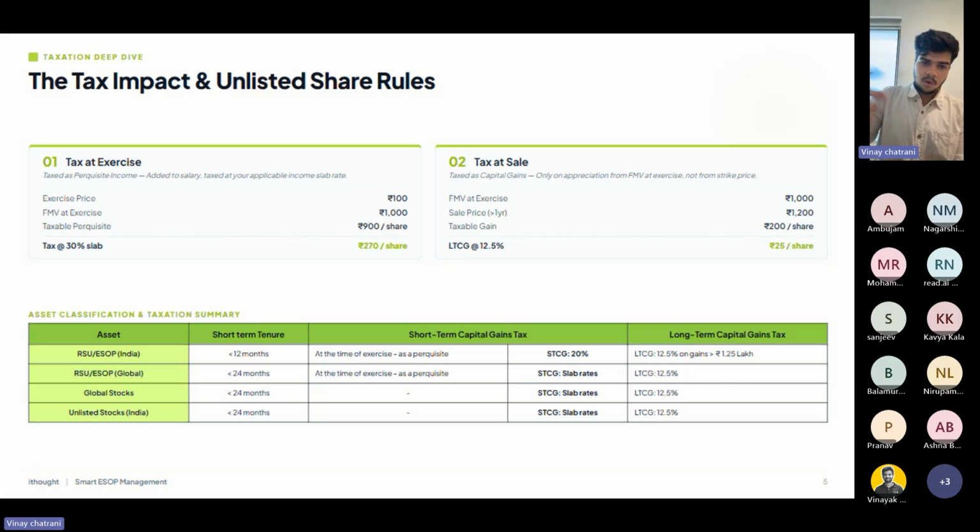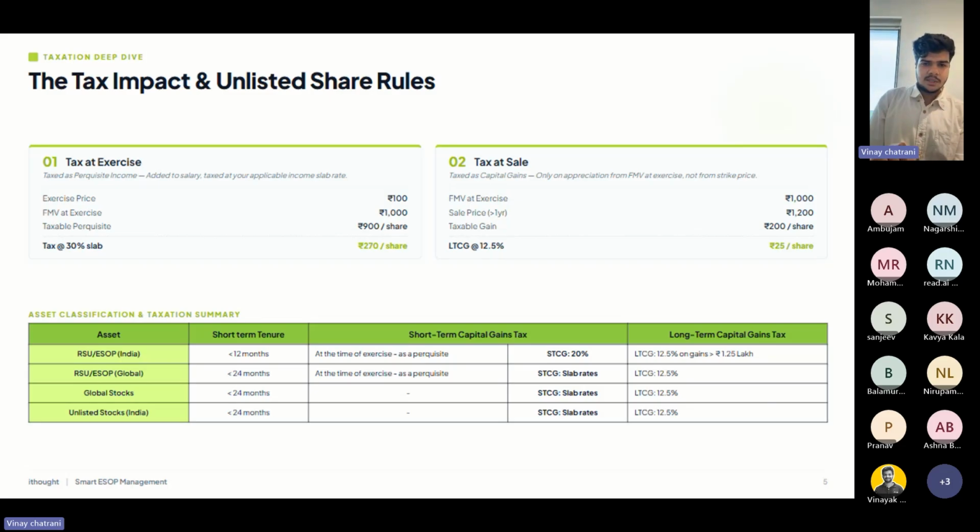Now, for your global ESOPs, most of our NRI clients come and ask us this question, that how will my global ESOPs be taxed? So global ESOPs have a different holding period. For that, if you hold it for less than 24 months, it will be taxed under your short term. But if you hold it for more than 24, it will again come to your long-term capital gain tax of 12.5%.